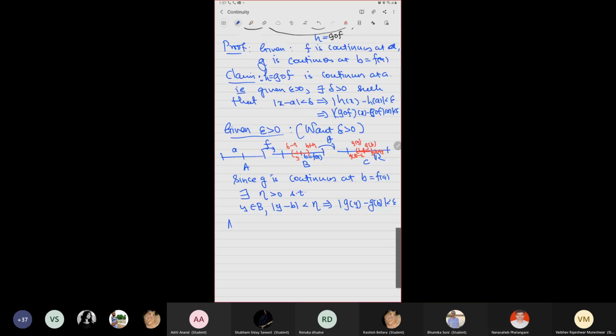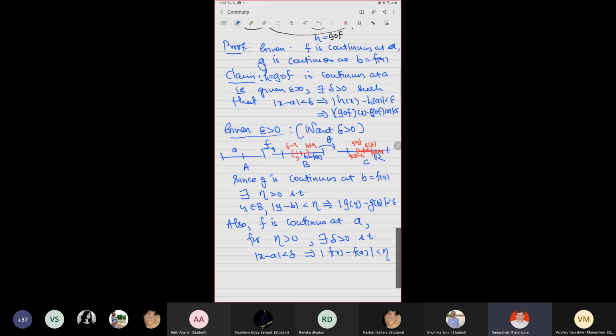So also f is continuous at a, and for eta, which is a positive number, the picture is in front of you. Now we have a neighborhood of f(a), which is the eta neighborhood. So for eta, can I say that there exists delta such that whenever the distance of x from a is less than delta, then the distance of f(x) from f(a), meaning b, is less than eta?